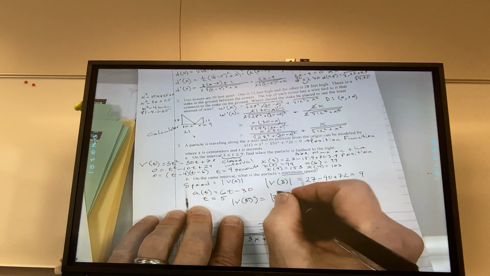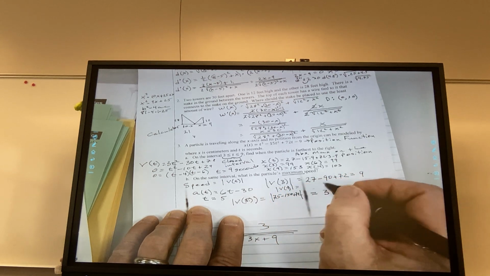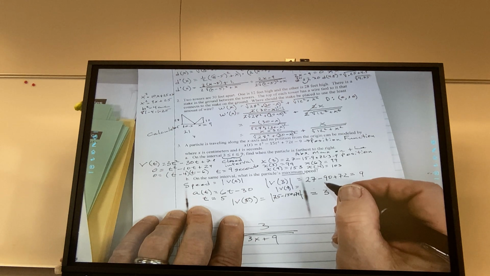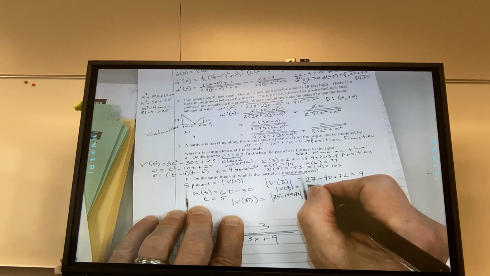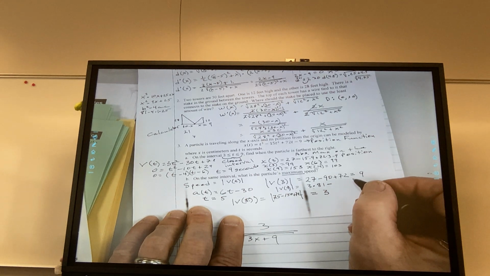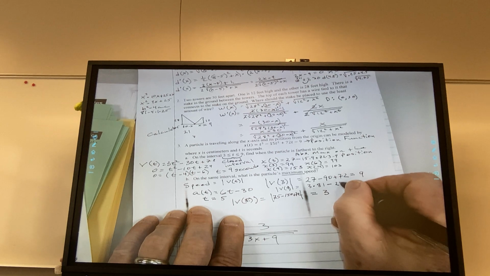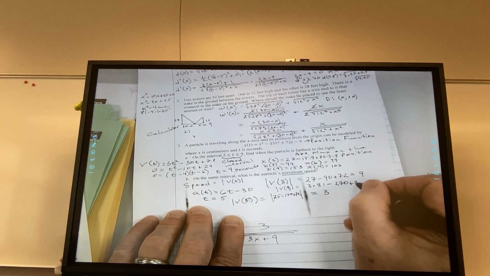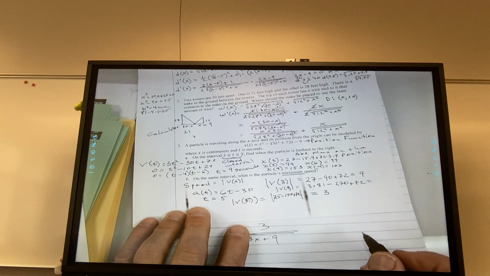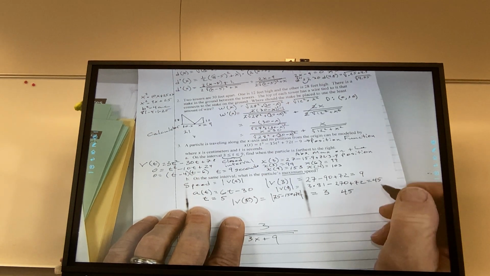And then when we put the other endpoint in there, 9, we have 3 times 81 minus 270 plus 72. What is that? 45. So the maximum speed is 45.